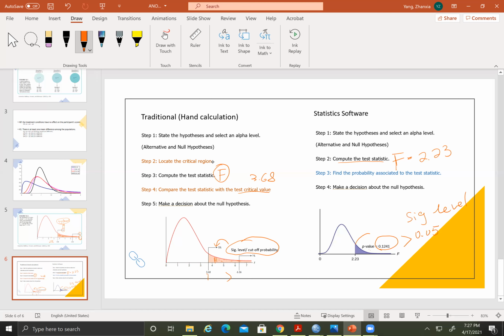So in this case, we would need to make a decision, which is we fail to reject, because it's a relatively large probability. It's greater than the cutoff point. So we fail to reject the null hypothesis. Okay, and I will show you in the test how we are going to further make a conclusion.